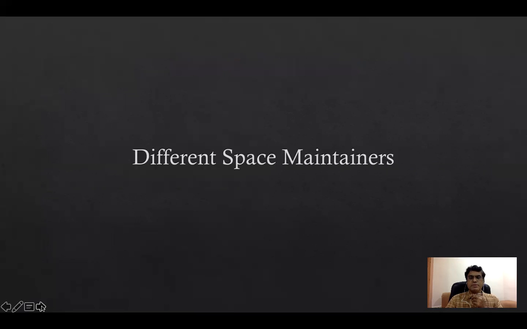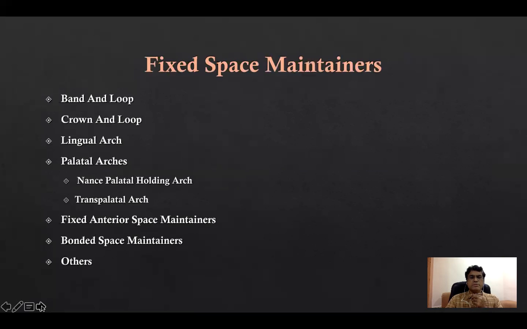Different space maintainers used in pediatric dentistry are: fixed space maintainers include band and loop, crown and loop, lingual arch, the palatal arches, which includes Nance palatal holding arch and transpalatal arch, the fixed anterior space maintainers, bonded space maintainers, and other space maintainers.